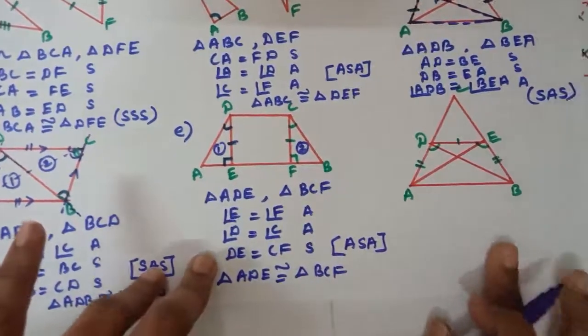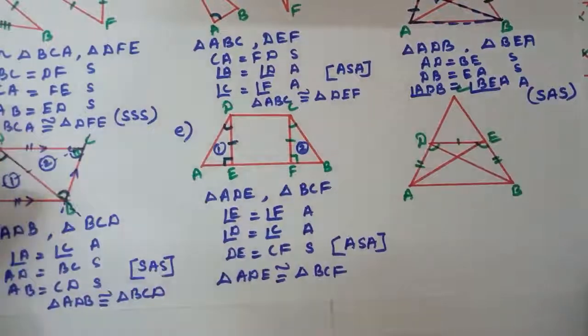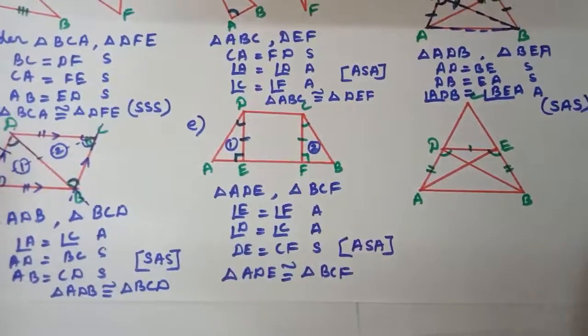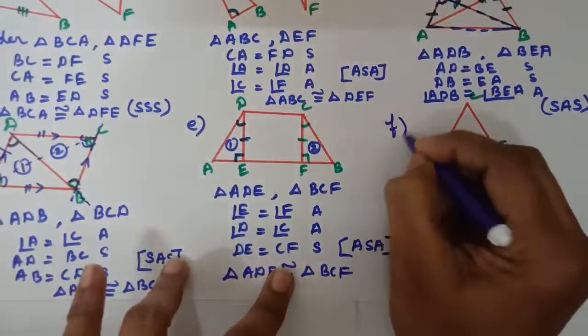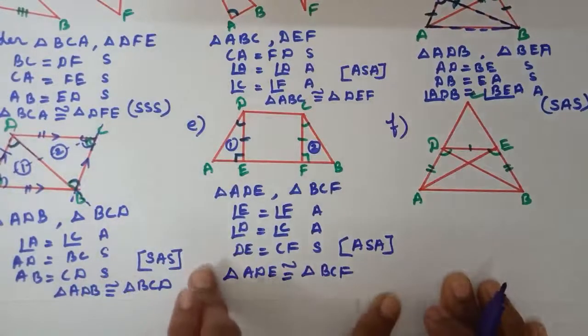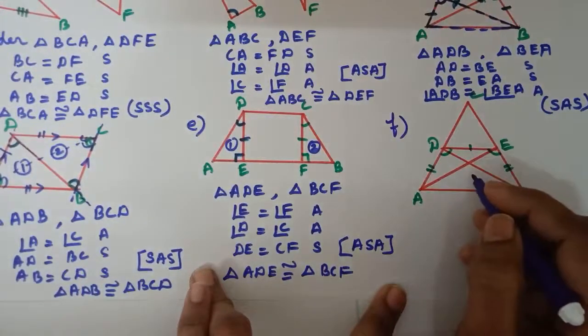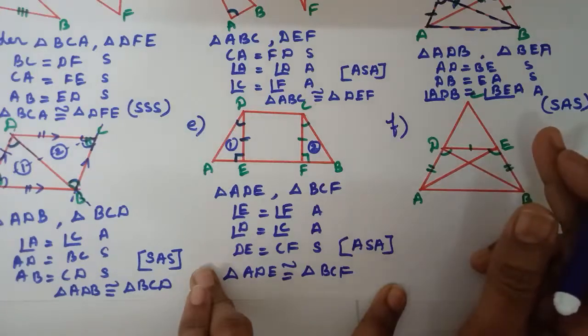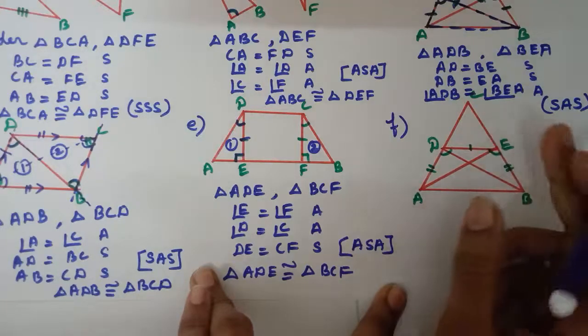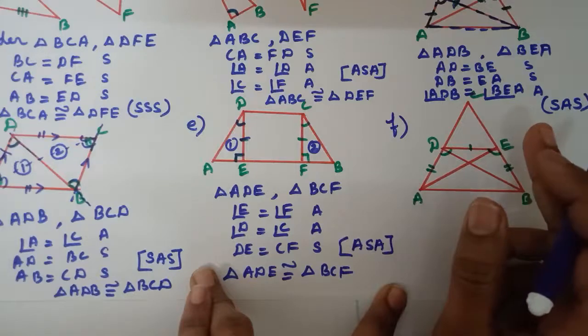Good. Then last subdivision, F subdivision. Here students, listen. Just look at this figure. We have to take any two triangles and we have to prove those two triangles are congruent. How will you prove it?